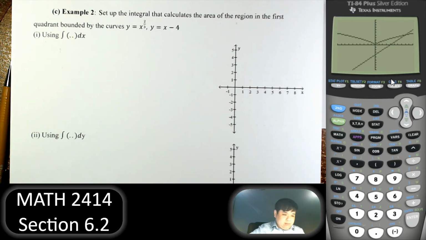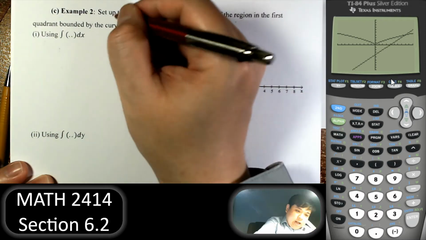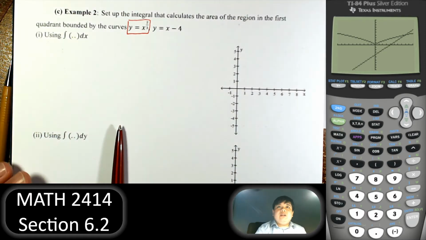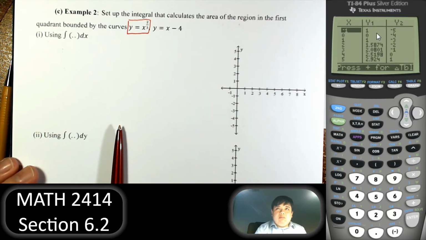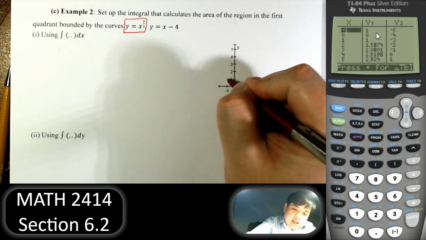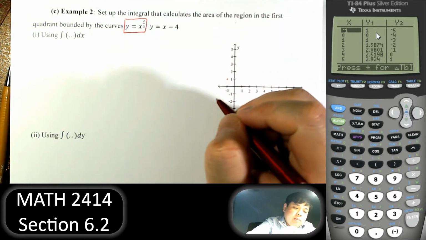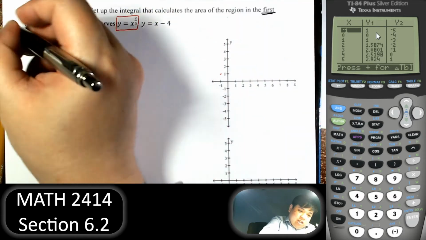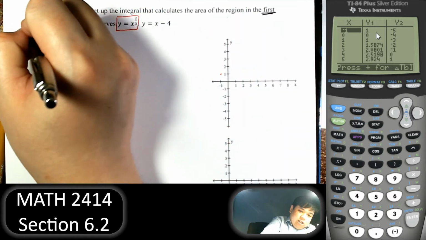Right. So for that, is there any nice values? -1, 1. So yeah, that. This one is in the first quadrant, so we're going to keep this example in the first quadrant.